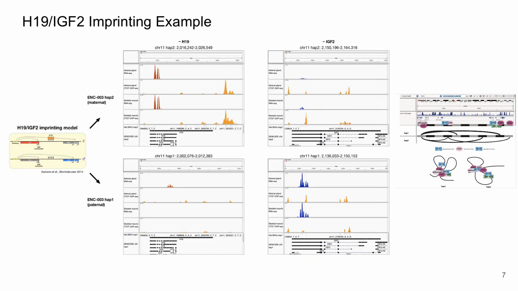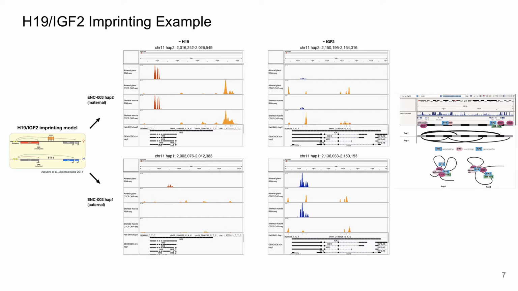And this is an example to illustrate the power of allele-specific binding. This is a known imprinted locus, H19 IGF2, where there's known differential behavior between the maternal and the paternal allele, where H19 is expressed on the maternal allele, but only IGF2 is expressed on the paternal allele, and there's a CTCF silencer that is differentially bound between the two alleles and inhibits the expression of IGF2 on the one allele versus the other.